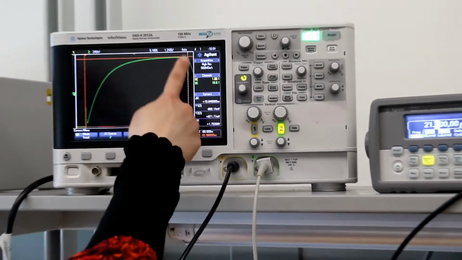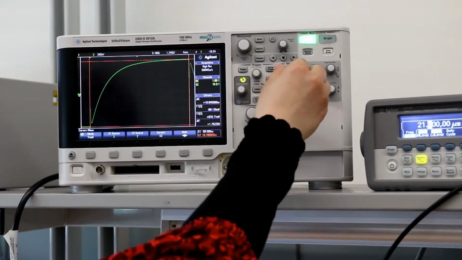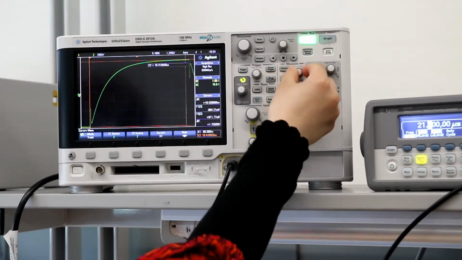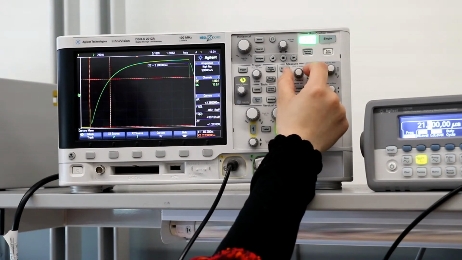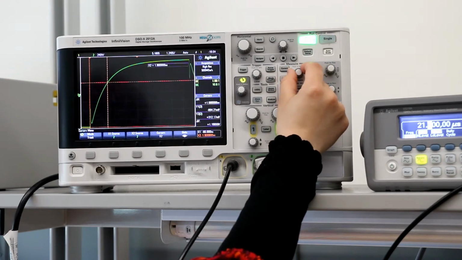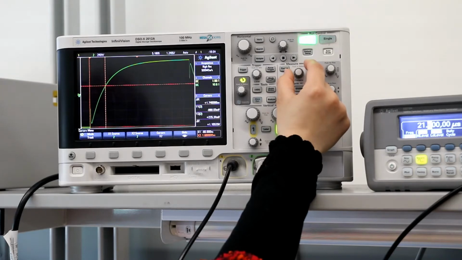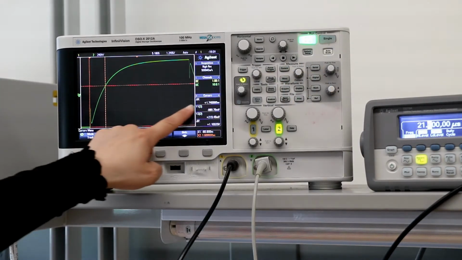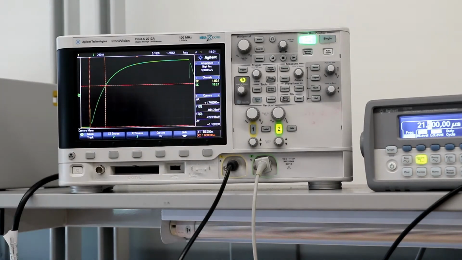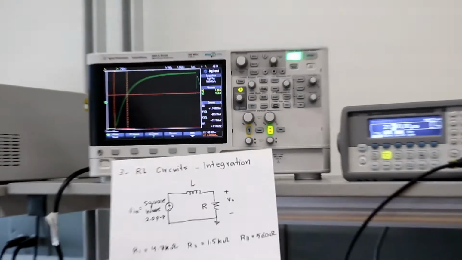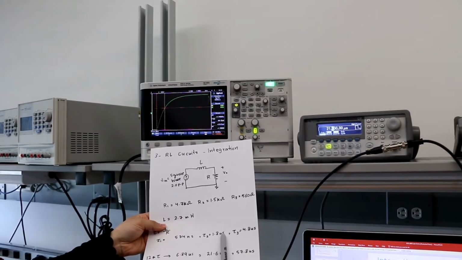Move cursor X2 until delta Y equals 1.106. And then delta X is tau. Delta X is 1.74, and the expected tau for this circuit is 1.8 microseconds.